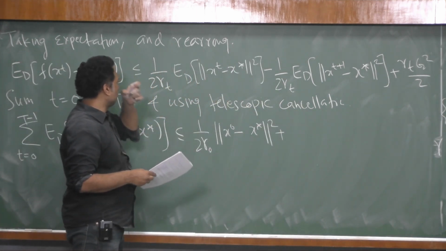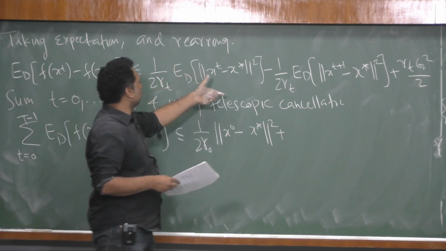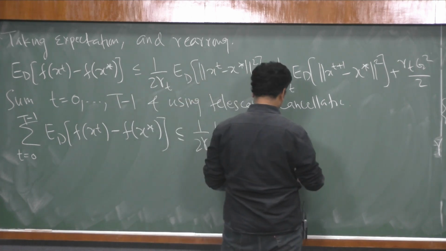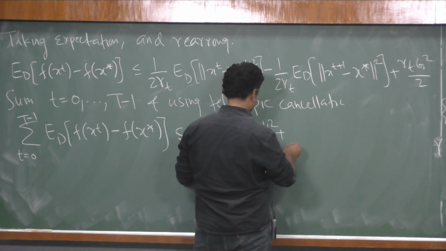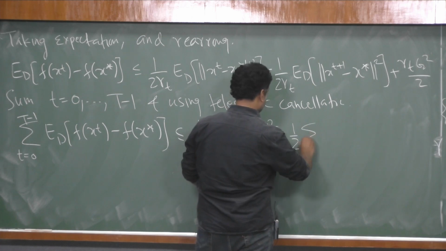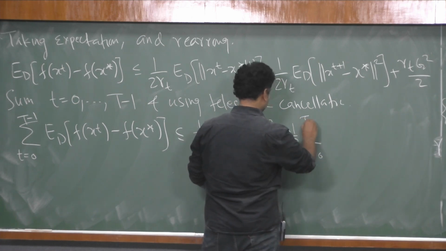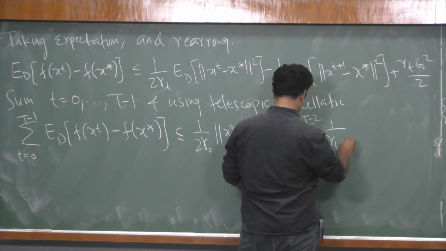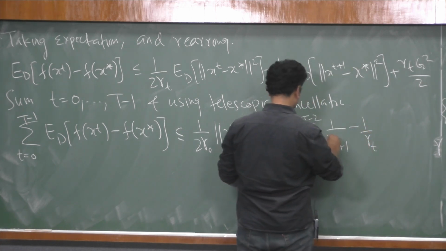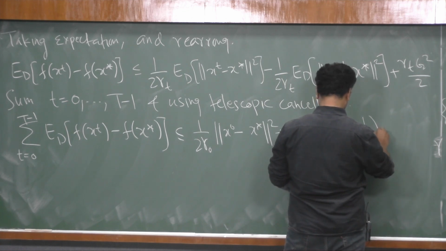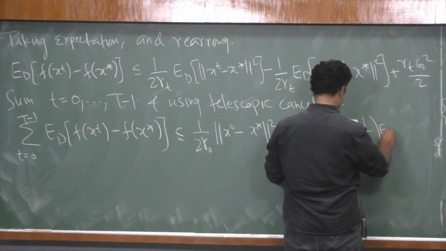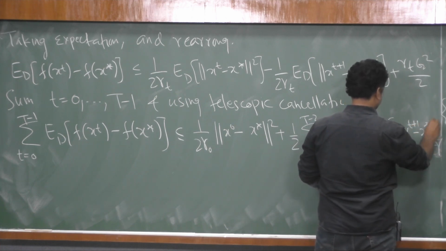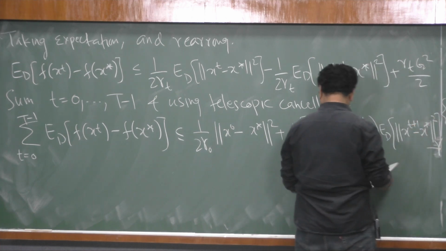We take the first term out, and the remaining terms will be the gamma t plus 1 minus gamma t terms and so on. So let me write that. This is plus half, sum of t equals 0 to T minus 2, of 1 by gamma t plus 1 minus 1 by gamma t, times the expectation of norm of xt plus 1 minus x star whole square.